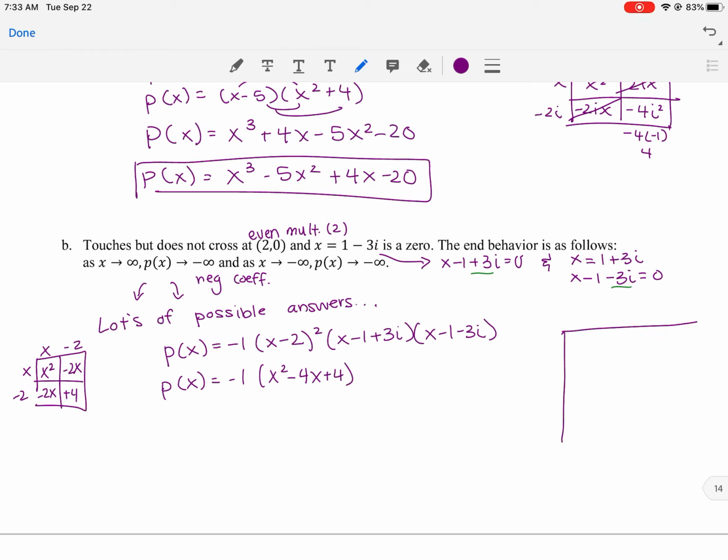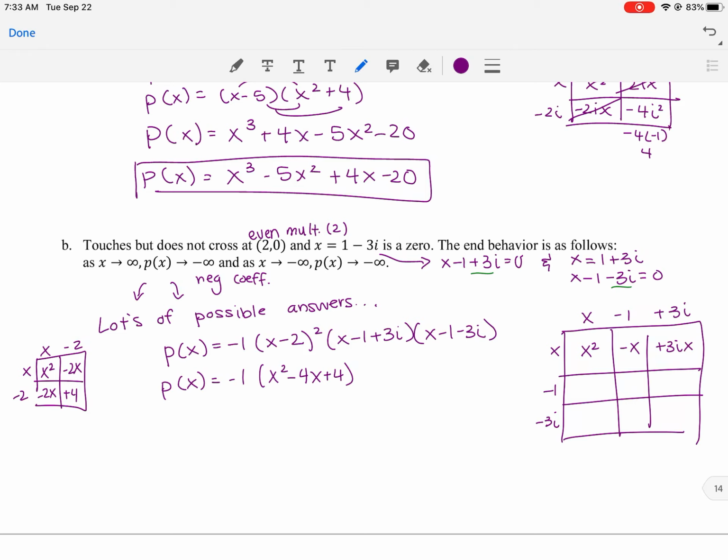I'm going to do, once again, a box here for these complex roots. So x minus 1 plus 3i, x minus 1 minus 3i. x squared, we get a minus x, we get plus 3ix.